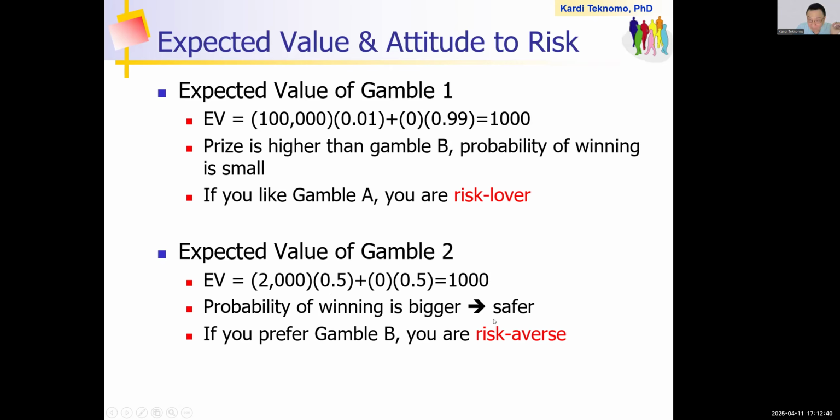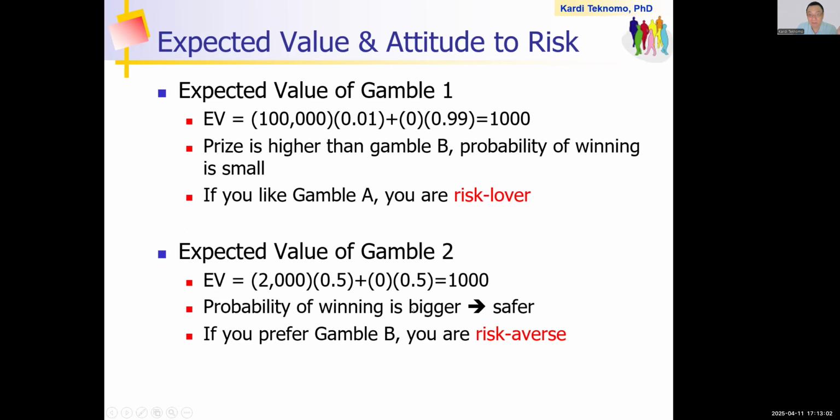So this is safer. So if you choose gamble B, you are risk averse. It's just showing your attitude toward risk. This is not right or wrong. The majority of people are actually risk averse, including myself.